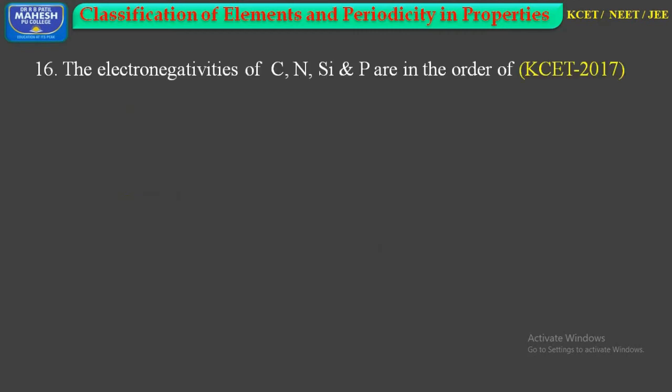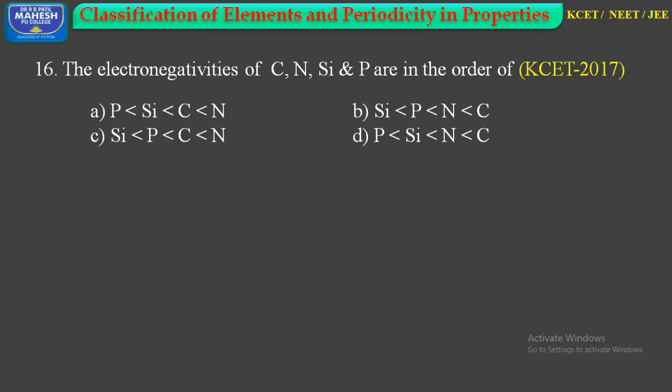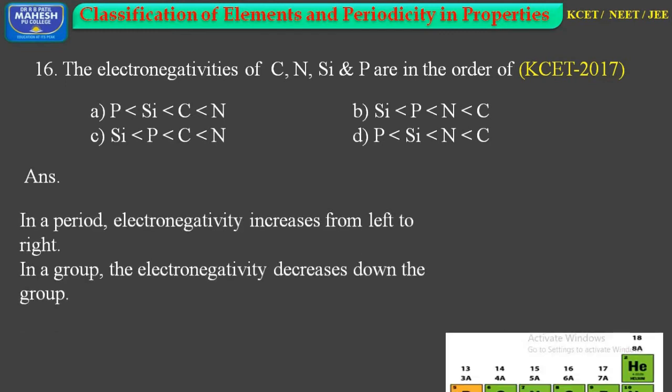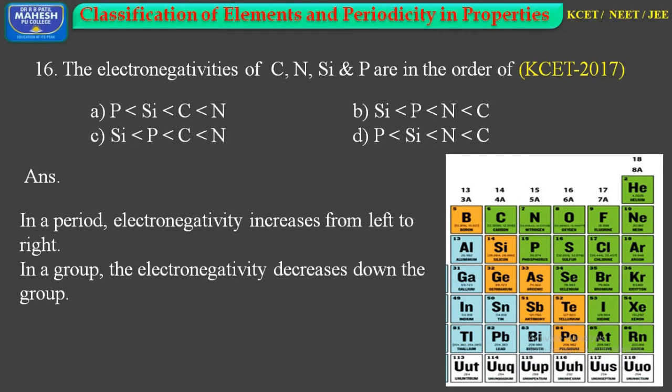Let us proceed to question number 16. The electronegativities of carbon, nitrogen, silicon and phosphorus are in the order of. Students, if we see the periodic table, across the period, electronegativity value increases, that is from left side to right side, whereas down the group, electronegativity value gradually decreases.